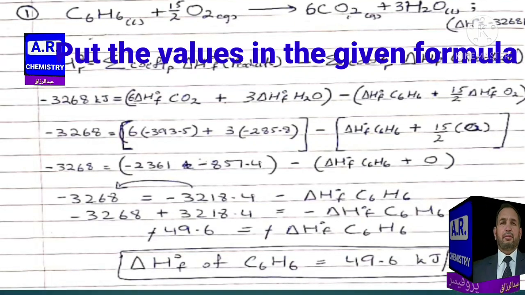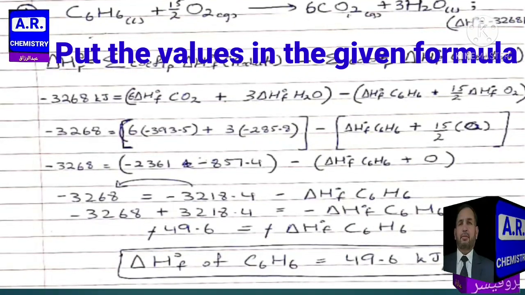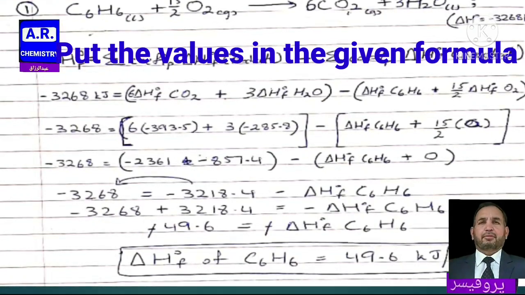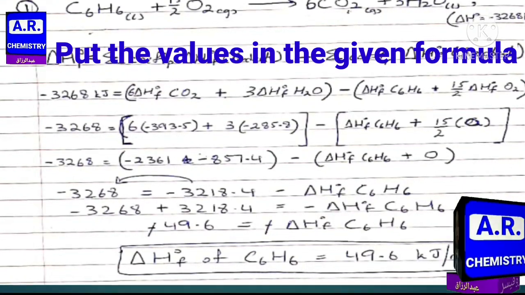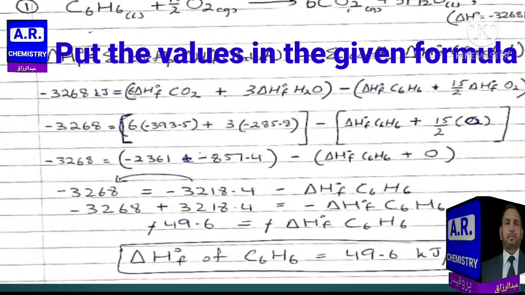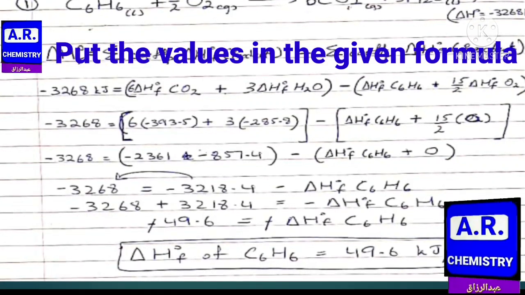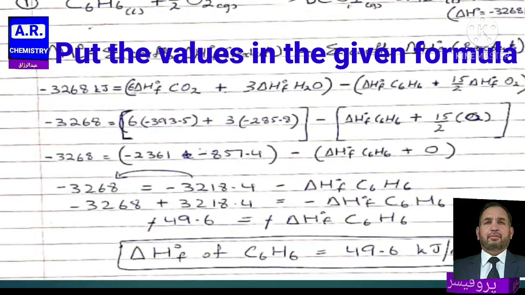Then, after putting the minus sign, the enthalpy of formation of benzene, that is to be determined, plus 15 by 2 O2, and O2 is an element, so its enthalpy of formation would be 0.